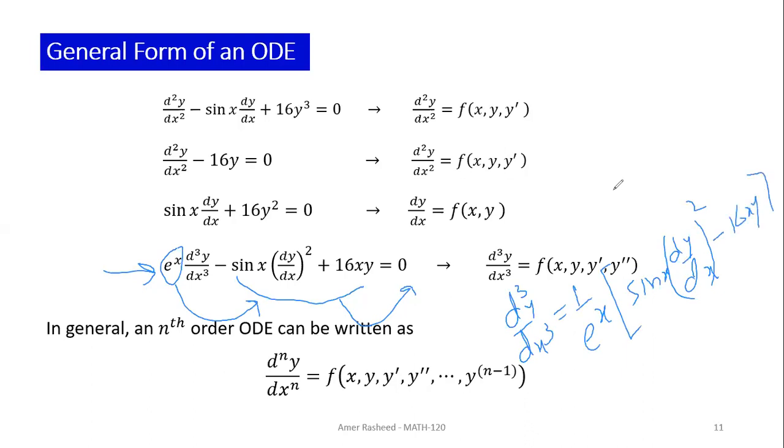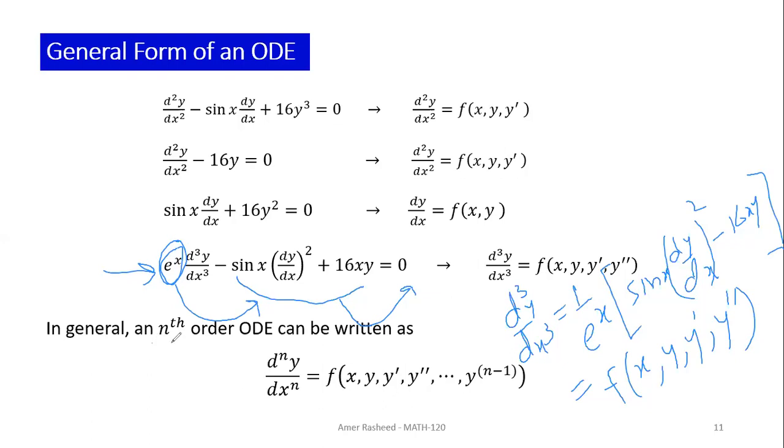So what we do here, we divided the coefficient of x, this term, on the other side. Now this right hand side can be written as f of x, y, y dash and y double dash. This is how we can write it. I hope you got my point.